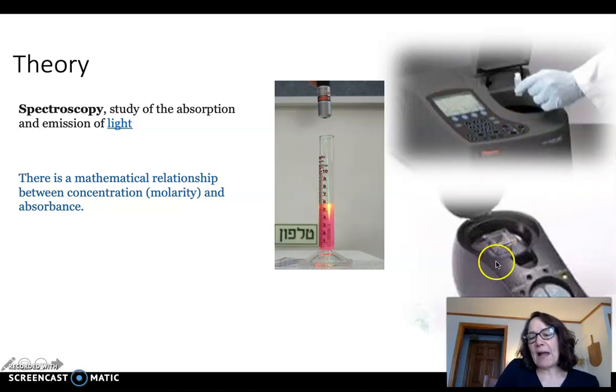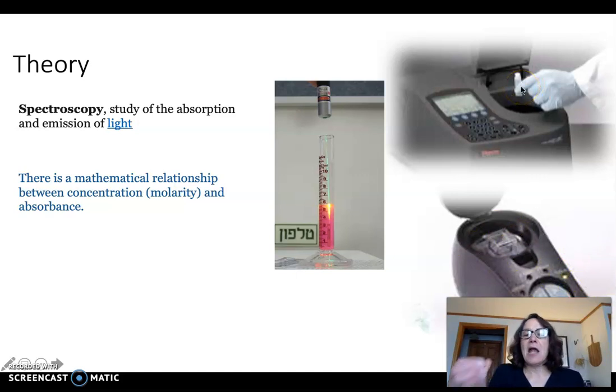If we were doing the lab in class, we would use a more inexpensive version of that called a colorimeter. And how that works is this little cuvette would drop right in there, no matter which instrumentation I'm using, and a light would shine through that solution and measure how much absorbance there is.